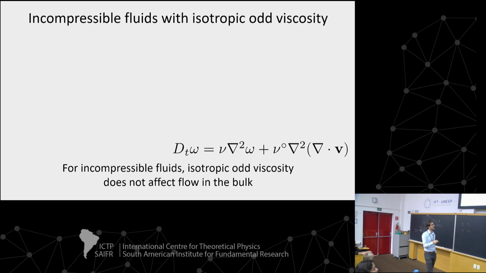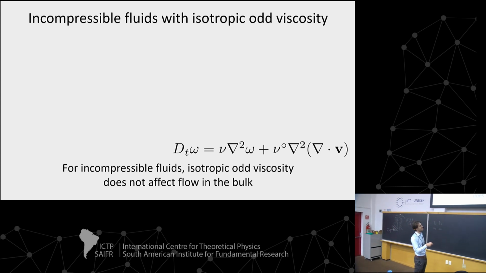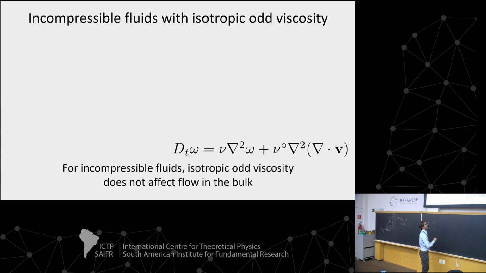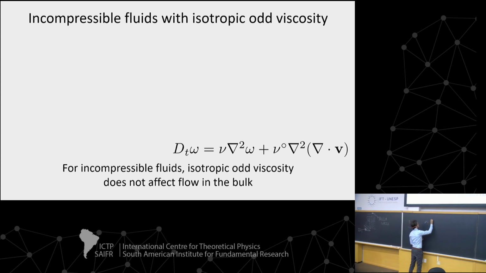And the interesting thing about it is that you see the odd viscosity coming in here. Now I've divided everything by the density here. So this is the kinematic instead of the dynamic viscosity, right? So there's these usual 2 viscosity notations, and you can do the same thing with the odd viscosity, right?